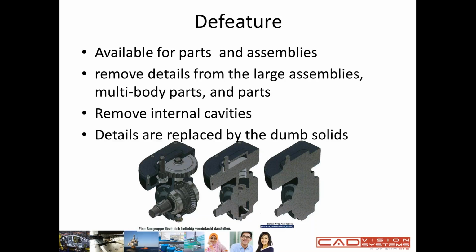By using the defeature tool, you can remove the details from a part or assembly and save the result into a new file. But in your new file, the details are replaced by a dumb solid. A dumb solid is basically a solid without a feature definition or history.